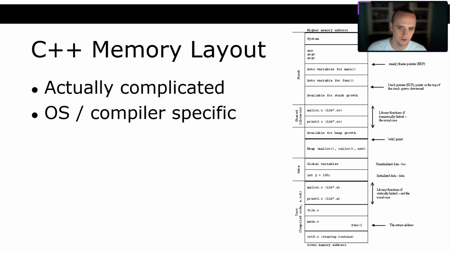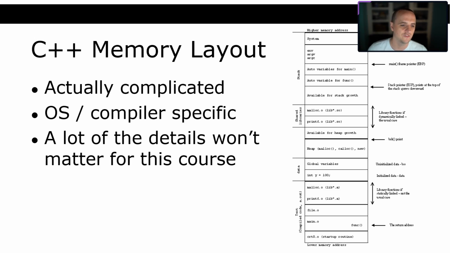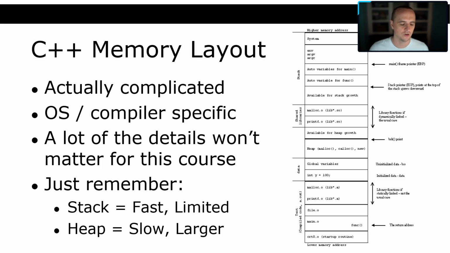It is completely specific to the operating system and the compiler, and a lot of these details won't matter for this course, but I highly recommend at some point learning a bit of assembly language, because the hello world example in assembly will teach you a lot about how this works. For now, just remember that the stack memory is fast but limited, and the heap memory is larger but slower, okay?